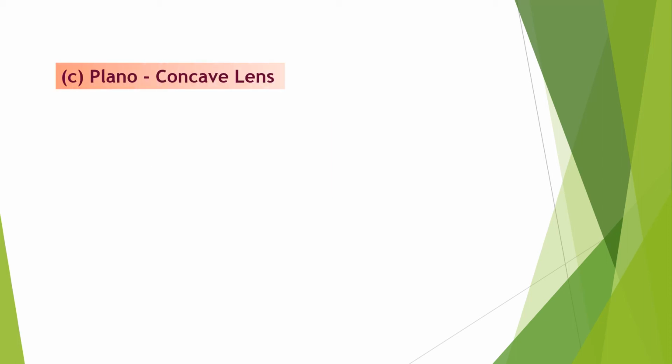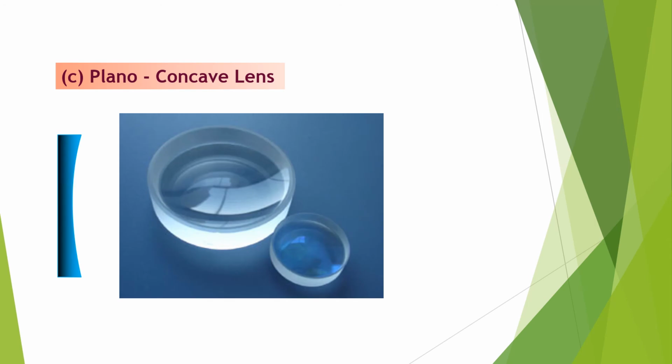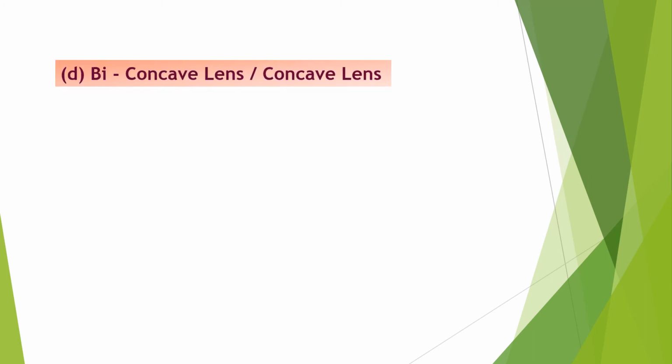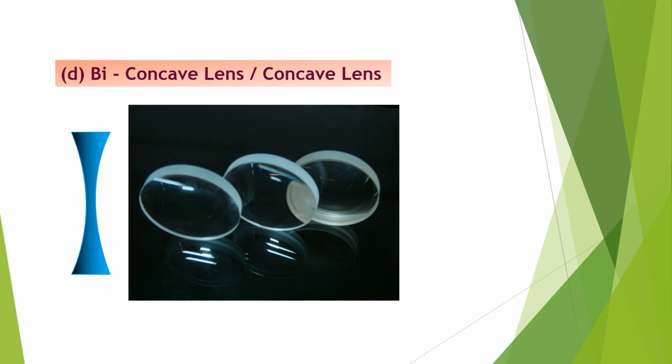Plano-concave lens, where one surface is plane and another one is concave in nature. The family belongs to concave only, but one surface is plane. Therefore, we gave the name plano-concave lens. Biconcave lens, or simply called concave lens, where both the surfaces are concave in nature.